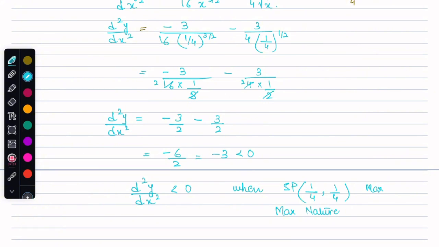In other words, this is actually the maximum turning point. So this is how the second derivative is helpful to identify the nature of the curve.